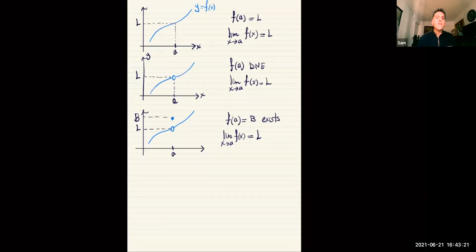Any questions? So, just look at the graph for all of these. For all of these graphs, when x is around A, y is around L, okay? We are getting close to L as x gets close to A for all of them.